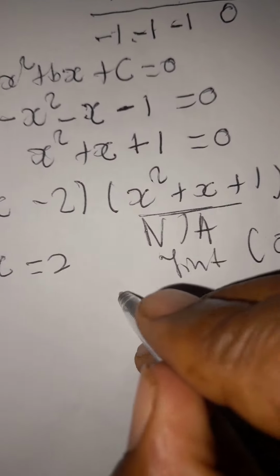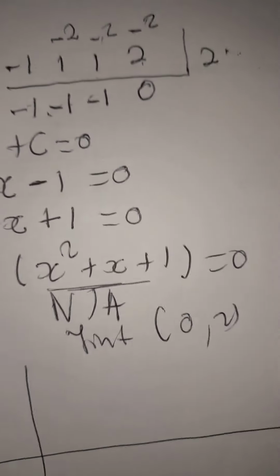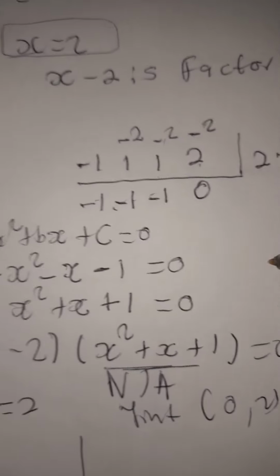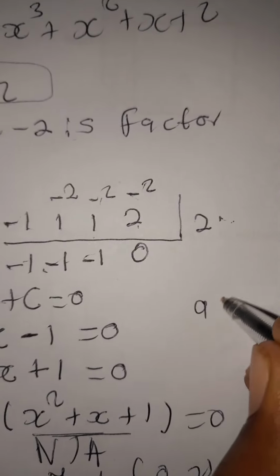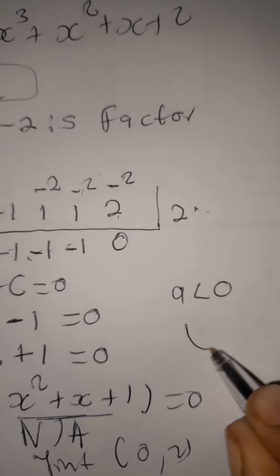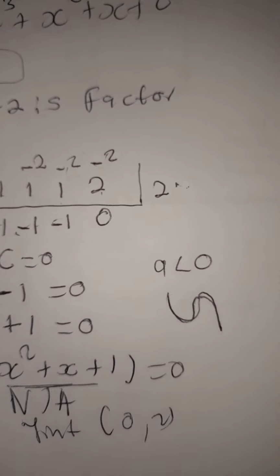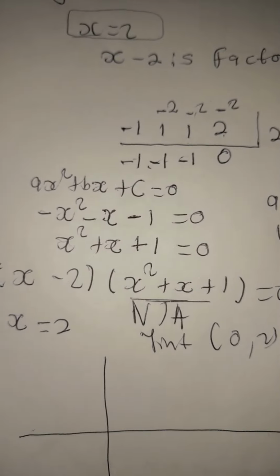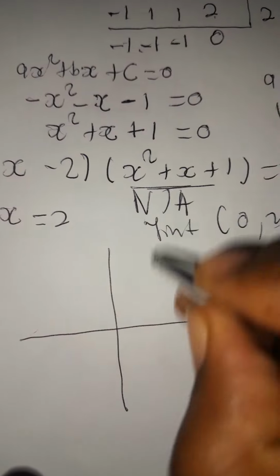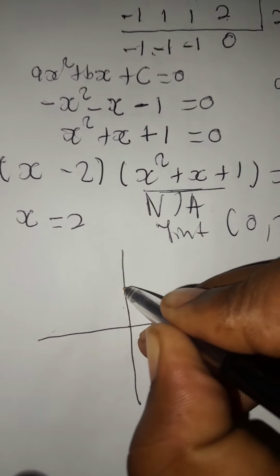So let's put this into practice by drawing. Remember that since a is negative in this case, when a is less than 0, your graph will have something like this, if I'm not mistaken. Yes. So let's draw this graph. Let's first place the intercepts. 0, 1, 2.